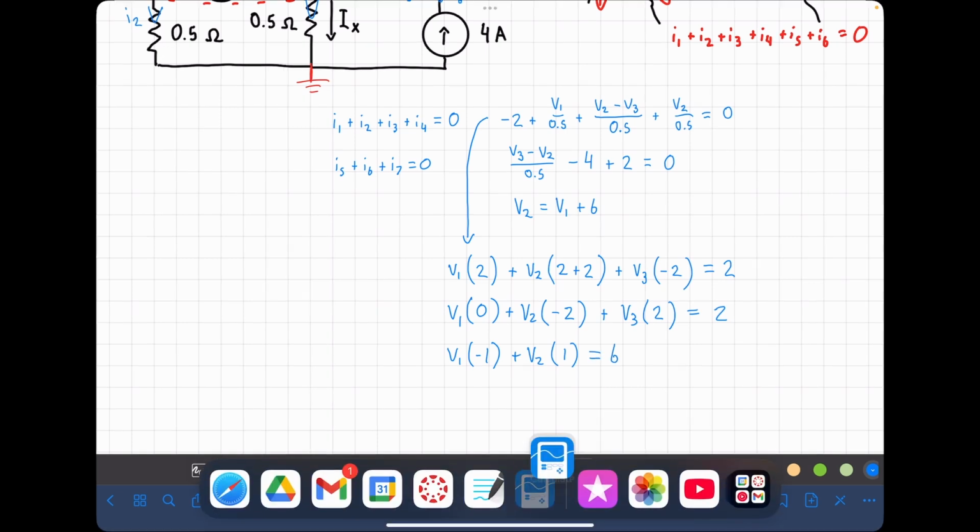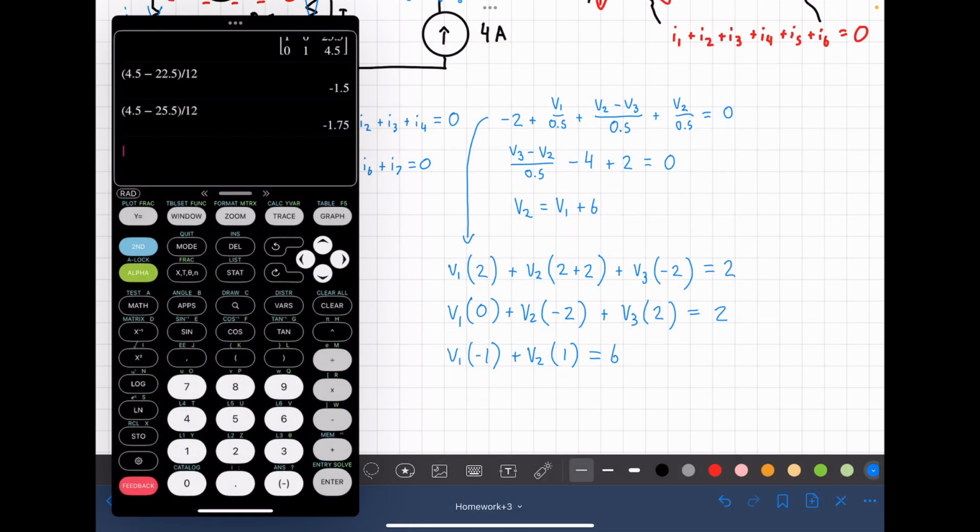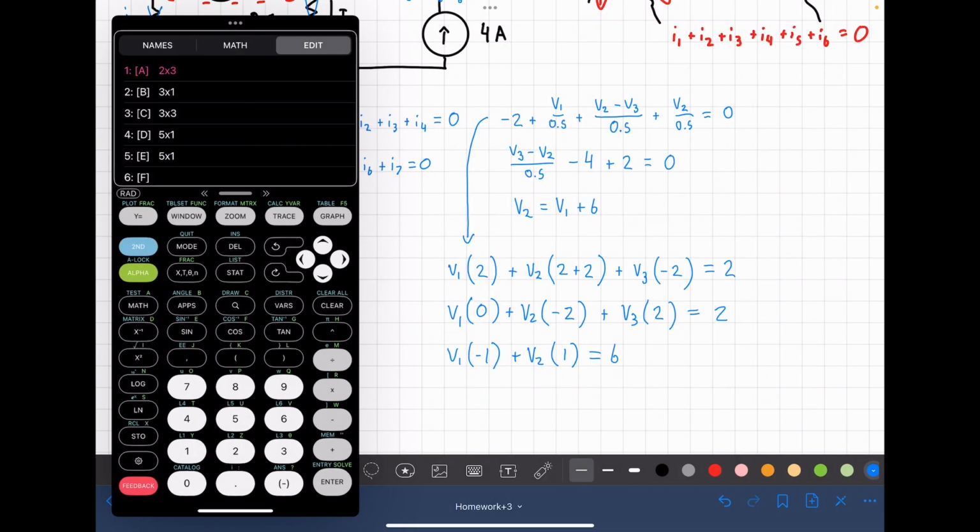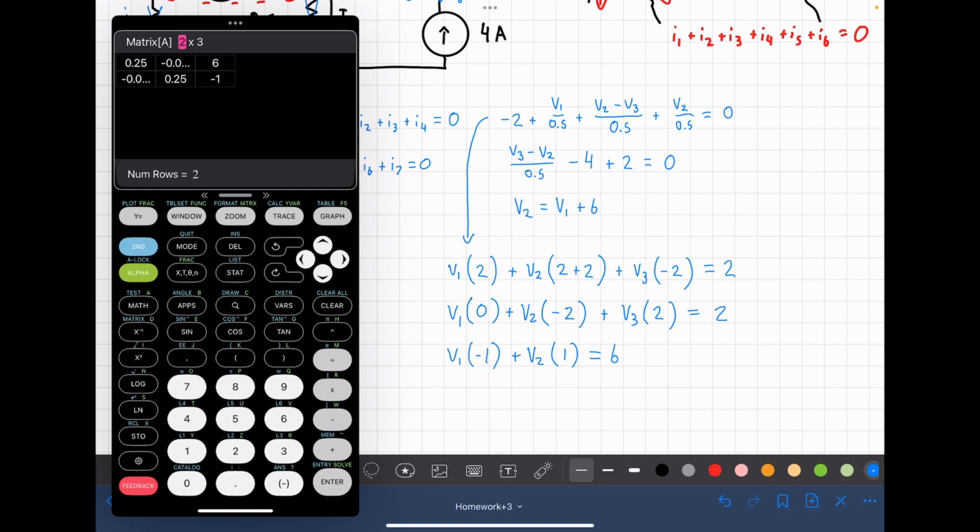So now I'm going to whip out my TI-84, go to matrices, going to edit. We have 3 equations, 3 variables, and a constant. So let's just put all these numbers in. And 0, V3 on the last one.